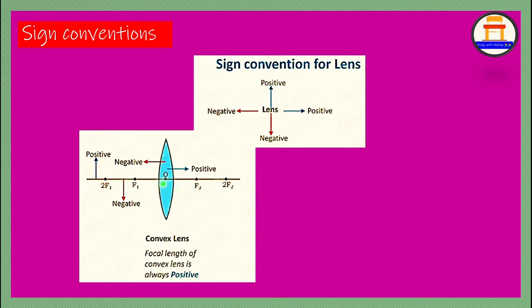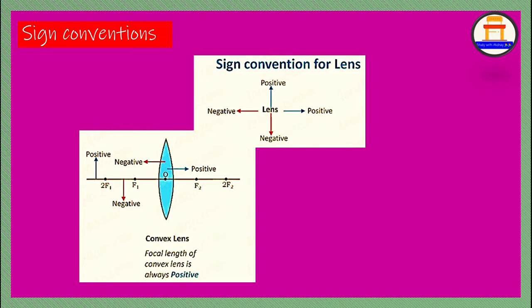The distance of the image from the optic center will be measured as positive. There is a note given below for a convex lens: focal length will always be positive. Make a note of this, and if possible, make a note of the diagram as well. These diagrams are very important. Probably it is given in the textbook as well.